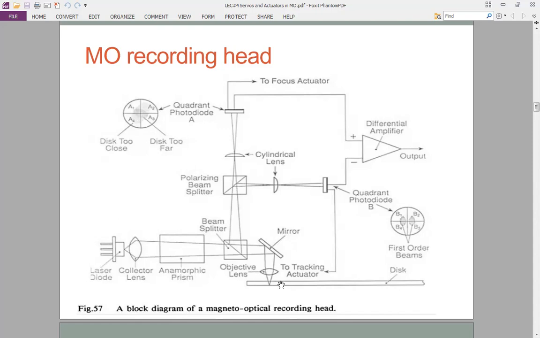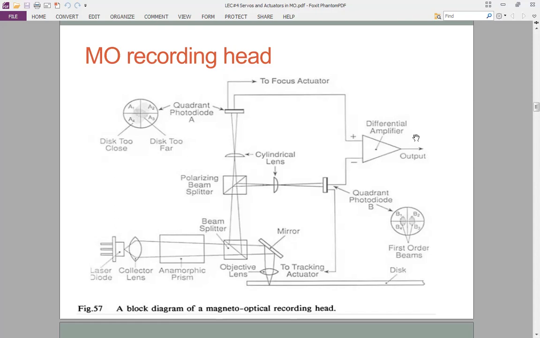That means if the disc moves away from the objective lens or towards the objective lens, that will be monitored by this photodiode A. If the disc moves away in terms of the radius, if it moves radially, then that will be determined by the photodiode B. Then we have a differential amplifier, which is just to compare the signals and to convey an error.